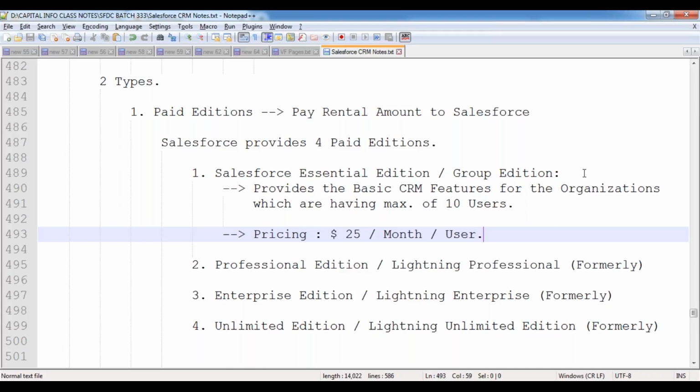Let's come to a general scenario. Assume that we have a small family of 4 members: father, mother, and 2 sons.